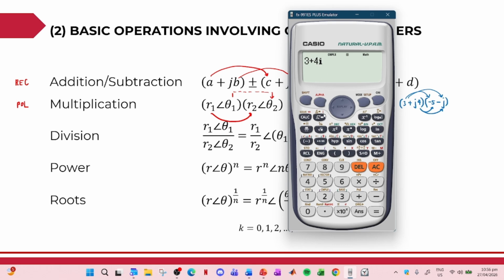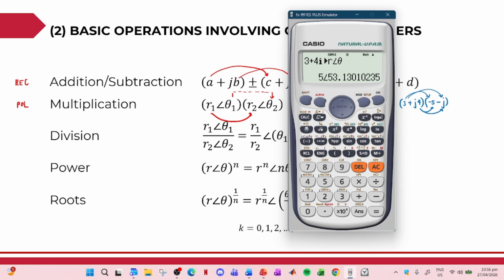But here, if you have 3 plus j4, remember in mathematics we use i instead of j. You can simply convert this using shift 2 to polar form. It's now 5 angle 53.13.